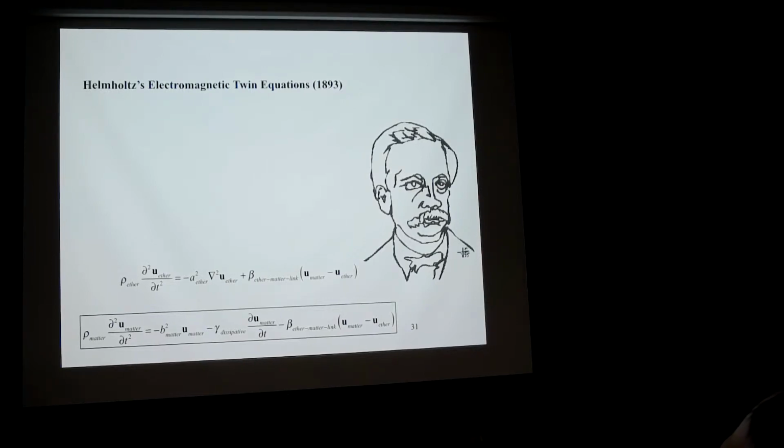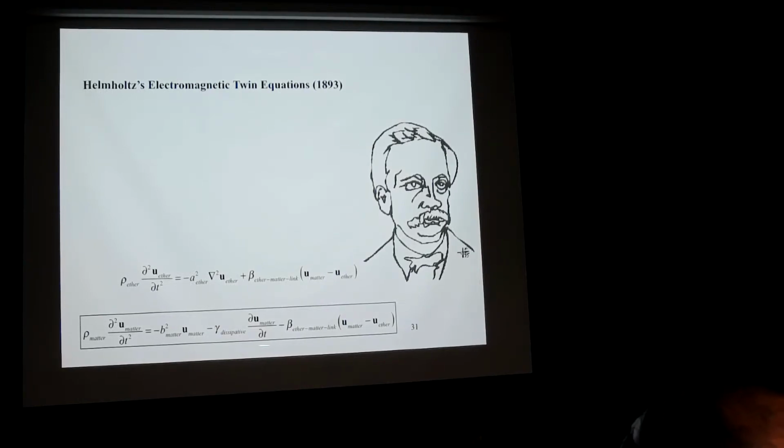Two continuous substances. And let's assume that there is an interaction link between the two, so that if the matter gets displaced, again a continuum, by X amount, and the ether is displaced in the same place by Y amount, a force is exerted on the ether equal to the difference in the displacements, and an equal and opposite force will be exerted on the matter in order to preserve action-reaction energy. Then you build two separate equations here.